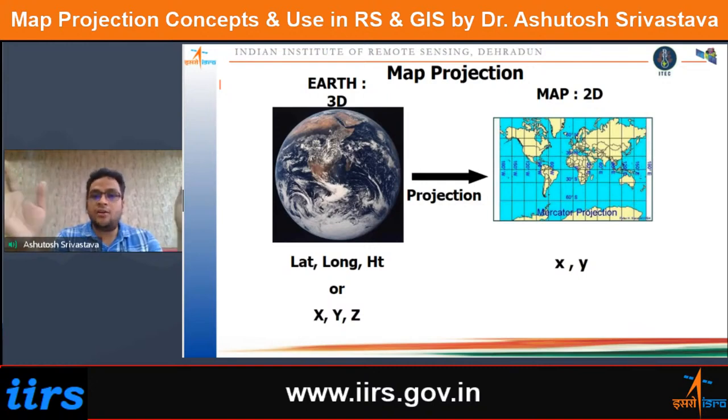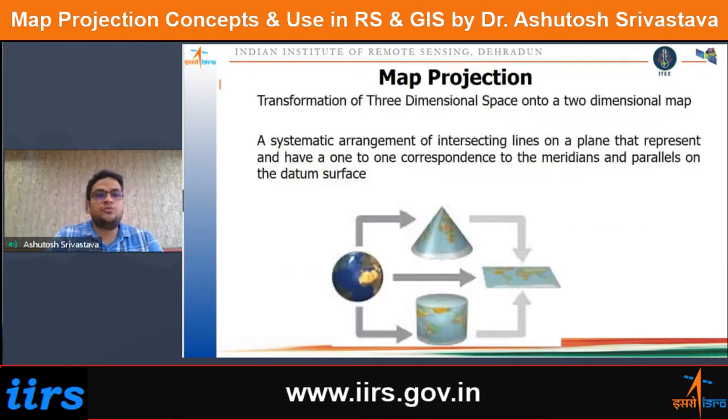On the left side, latitude, longitude, height, or x, y, z are written. On the right, x and y are written. So this is the three-dimensional to two-dimensional transformation.